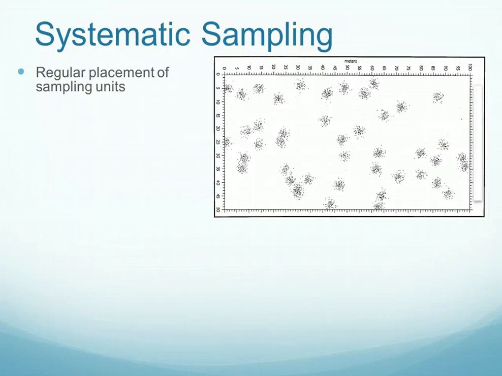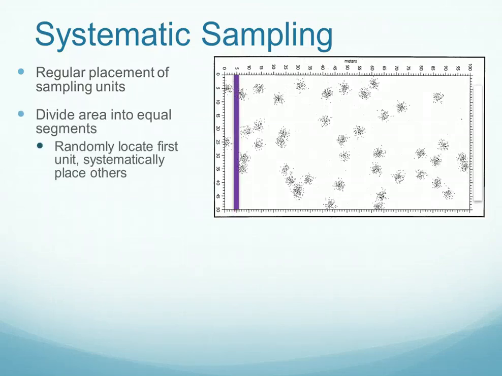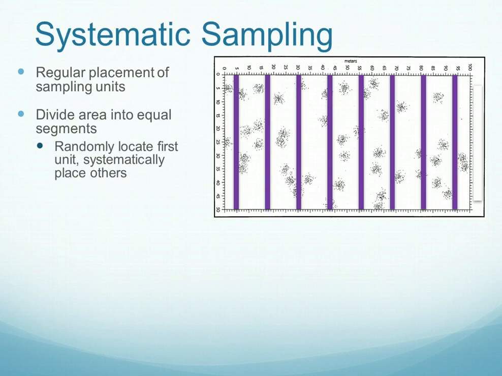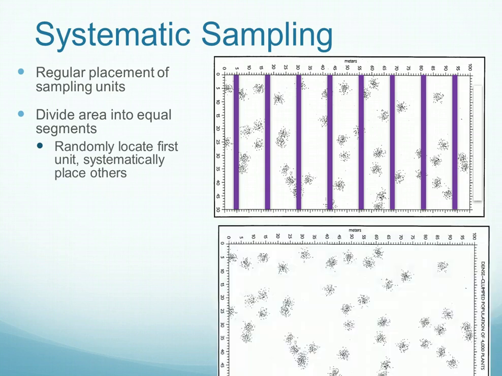Systematic sampling is commonly used as well. This involves regular placement of sampling units. We divide the area into equal segments, randomly locate the first unit, and then systematically place others at equal distances subsequently. In another approach, we can use a combination sampling unit that is a transect.